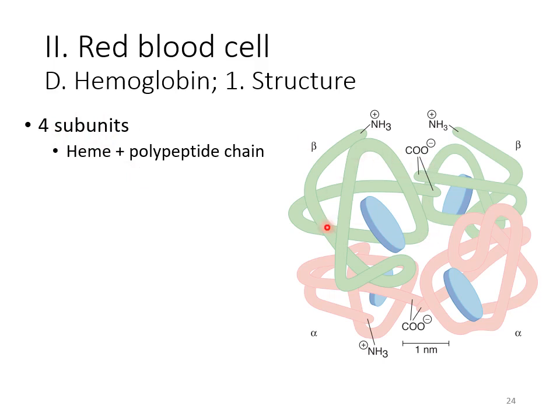Here in this simplified illustration, this blue disc represents heme, and this squiggly line represents the polypeptide chain. So this is one subunit, heme polypeptide chain, another subunit, heme polypeptide chain, another subunit, heme polypeptide chain, and another subunit, heme polypeptide chain.